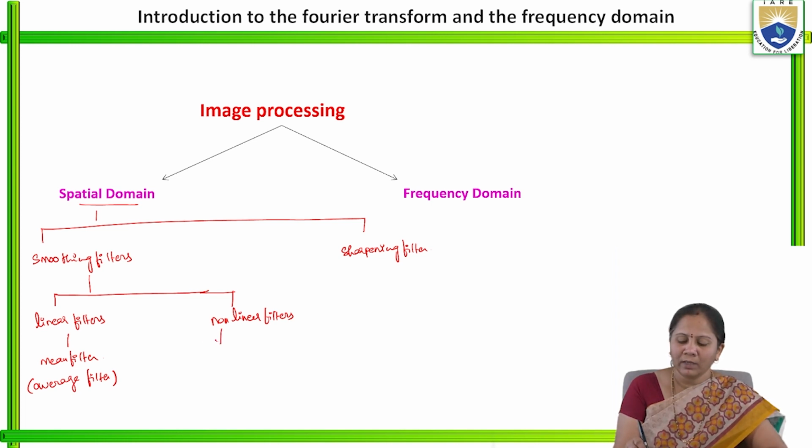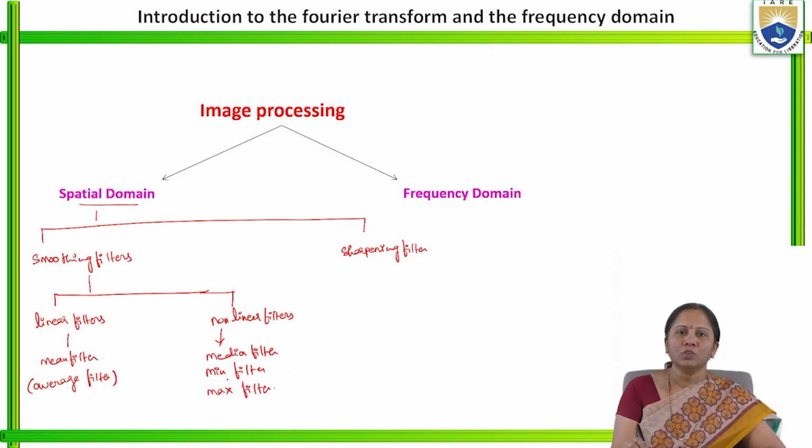In the same way, under non-linear filters, we have seen different types of filters like the median filter, minimum filter, and maximum filter. All these are the different types of filters we have seen under smoothing filters.